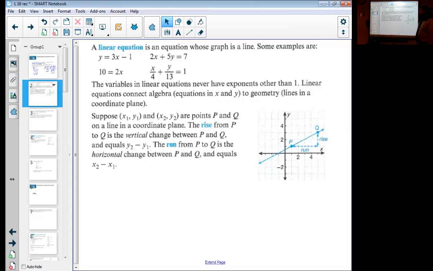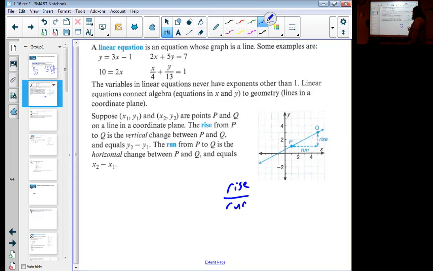The run from P to Q is the horizontal change between P and Q and equals x2 minus x1. So the way that this works is it is going to be the rise over the run. You can also think of it as the change in y over the change in x.